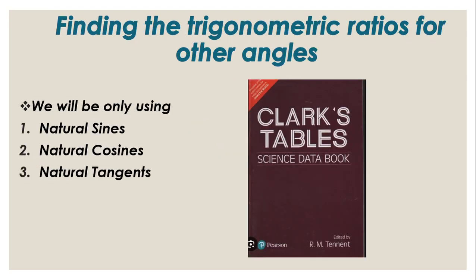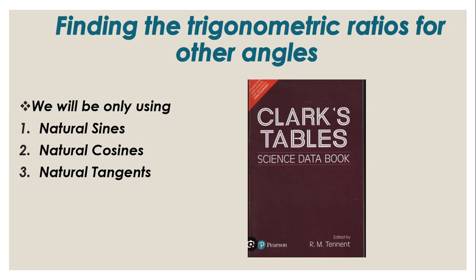Now let's know how to find the trigonometric ratios for other angles. In class 9, we have learned the trigonometric ratios for standard angles such as 0 degree, 30 degree, 45 degree, 60 degree and 90 degree. But it's nearly impossible for us to learn all the trigonometric ratios for all angles.